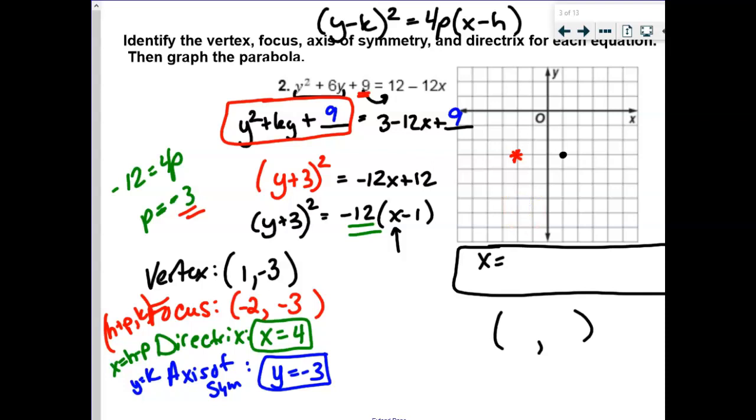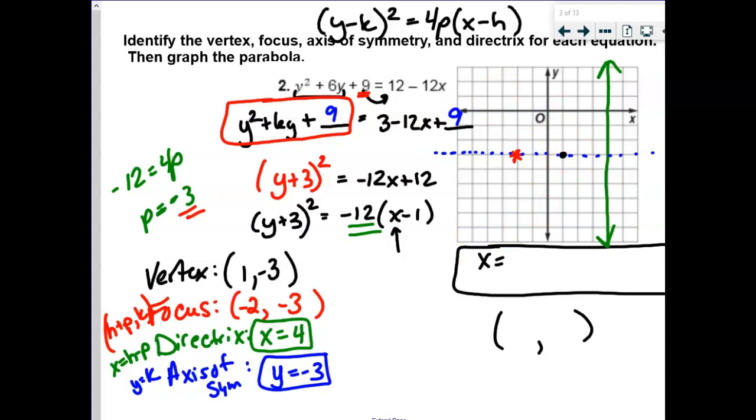We have a Directrix line at x equals 4. 2, 3, 4. An axis of symmetry at y equals -3. So everything's kind of lining up where it should be. This is going to be the vertex of our parabola. It's going to be opening this way, so it hugs the focus. Yeah, that's what I was anticipating.